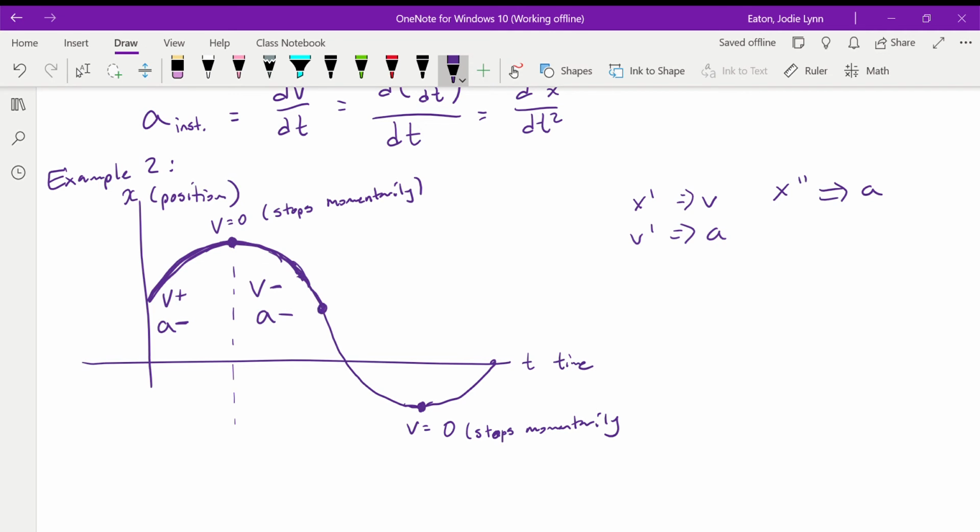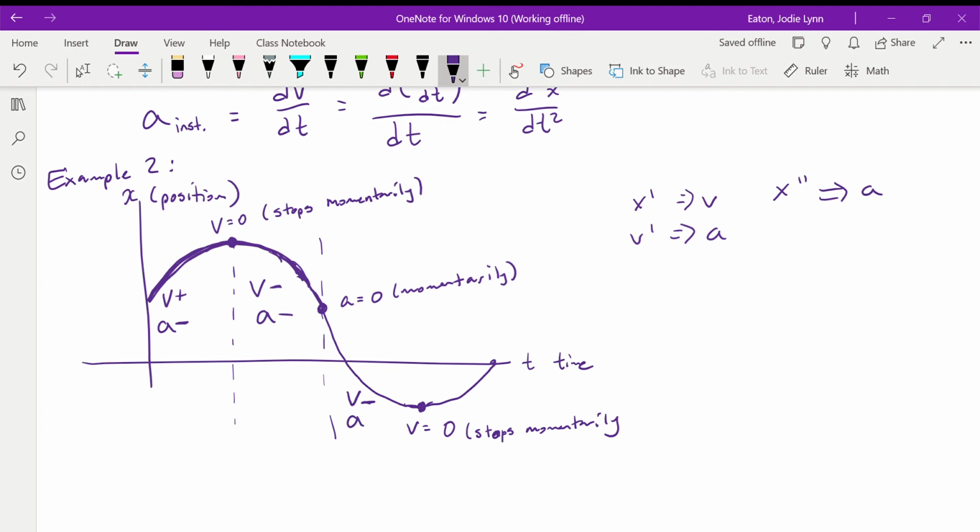And now here we have acceleration equals 0. This is again momentarily. This is our point of inflection, and what that means is basically you're coasting. You're going at the same speed just for a second without accelerating. Now we switch concavity. We are going into a region where we're decreasing, so our velocity is negative: decreasing position, negative velocity.